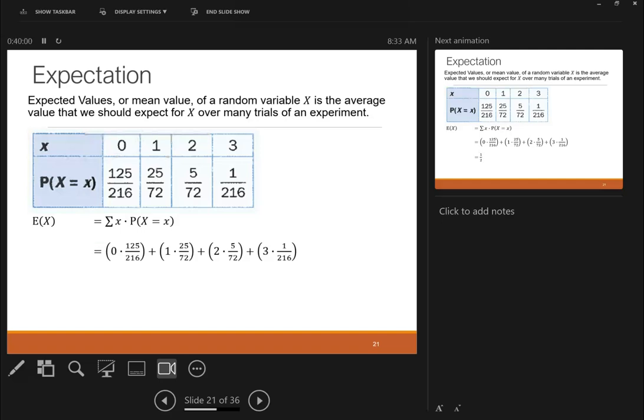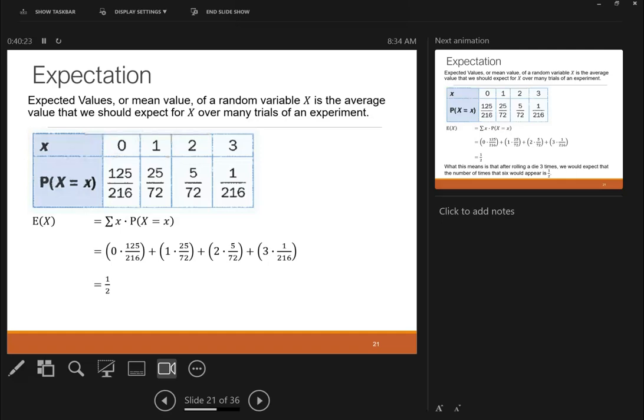Which again should look familiar, because what we're doing right now is really just a weighted average like we did in first semester at the very start. I forget if that was chapter 1 or 2, but it was pretty early on. When we do that computation, we get 1/2.